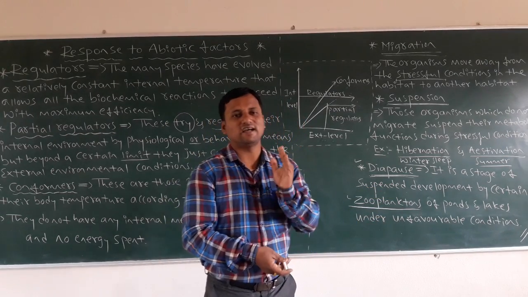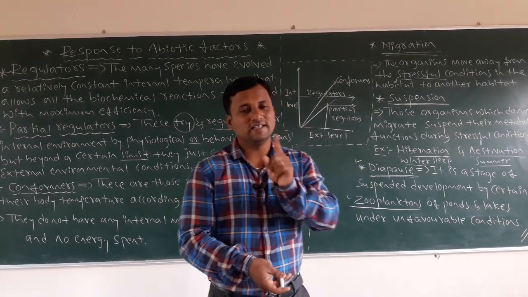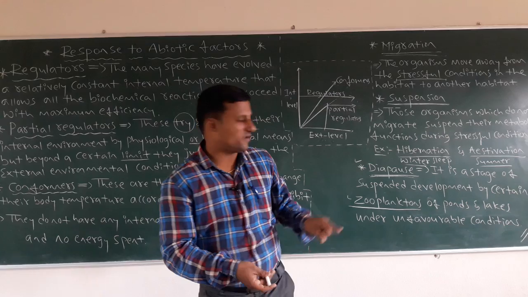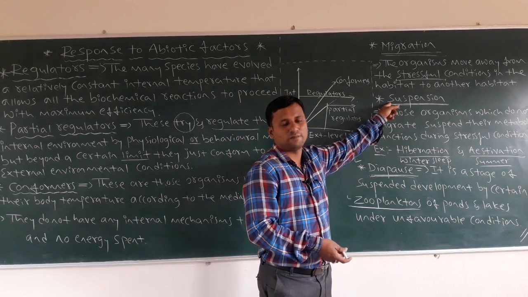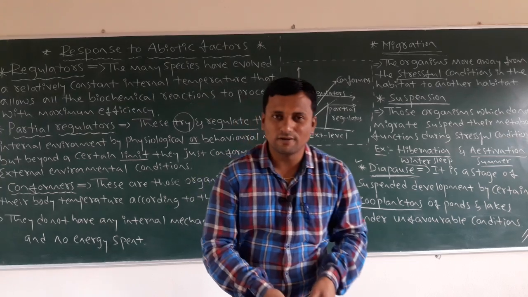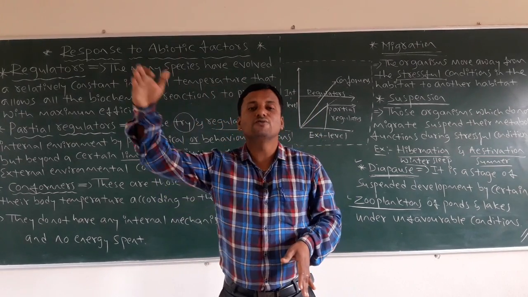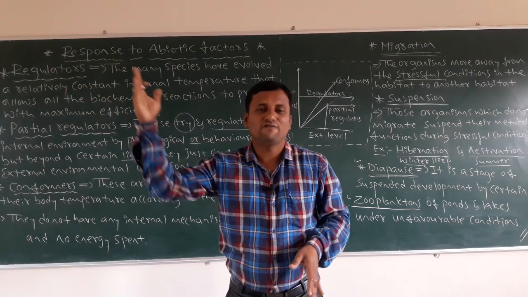That condition is not favorable to their body. In that situation also they give the response. It is also a best example of suspension. So this is the idea and concept about the response of organisms to abiotic factors.